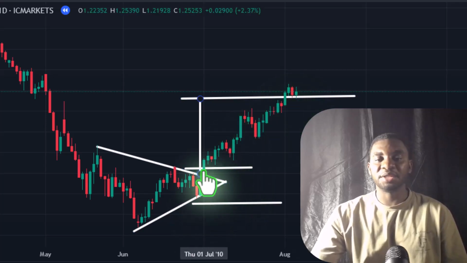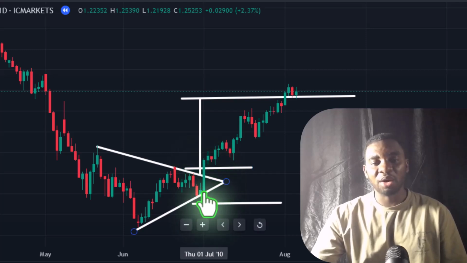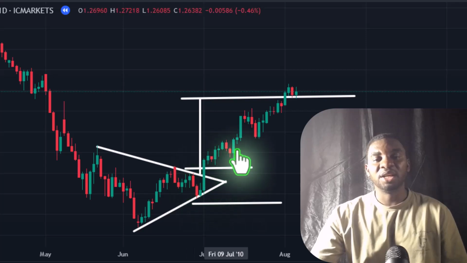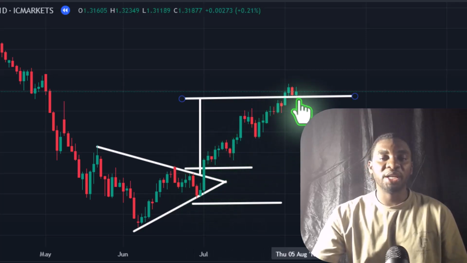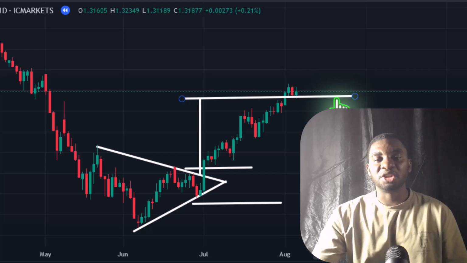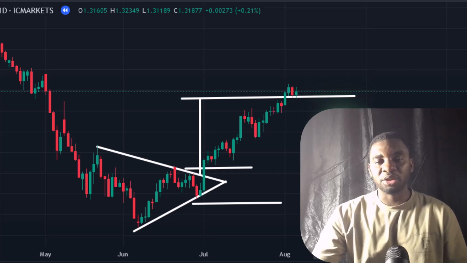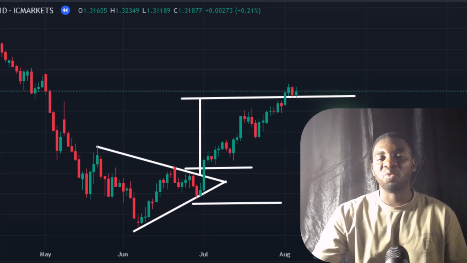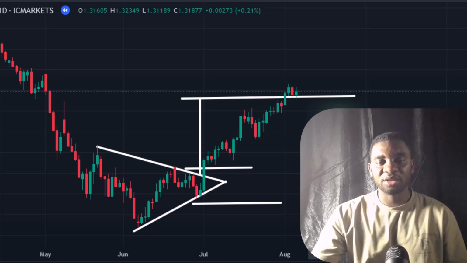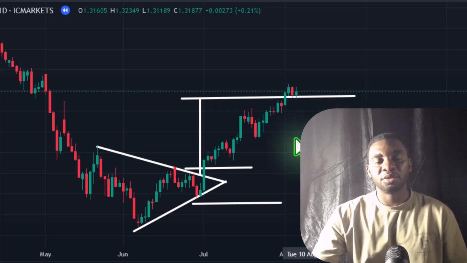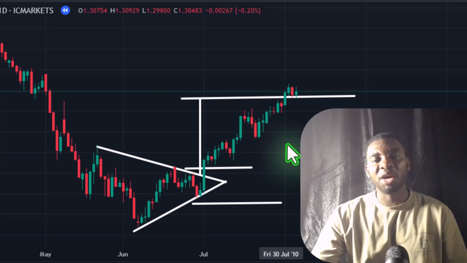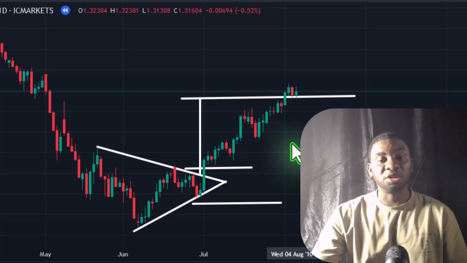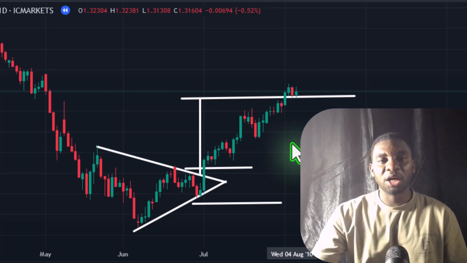You can see how healthy the breakout point is. The spike was so huge, and after that, you can see price just rallied and hit the take profit. But it is very good if you can wait for a retest of the breakout point. So sometimes you may miss a trade if you are waiting for a retest, but it is better for you to wait. So this is how you trade symmetrical triangle.